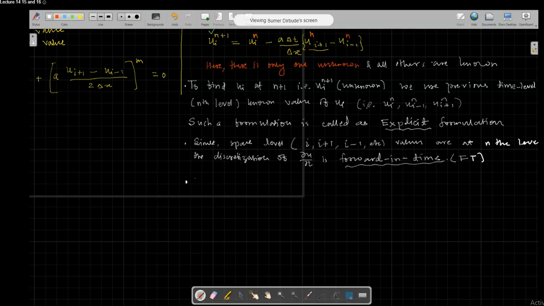Such formulations have to satisfy certain condition on delta t and delta x for the stability of the solution.